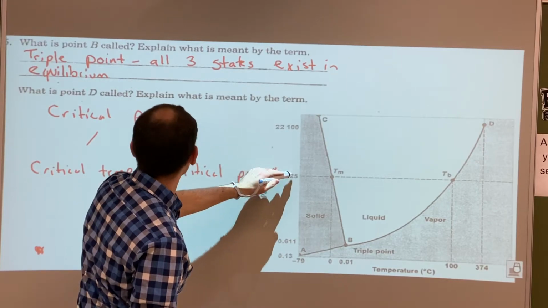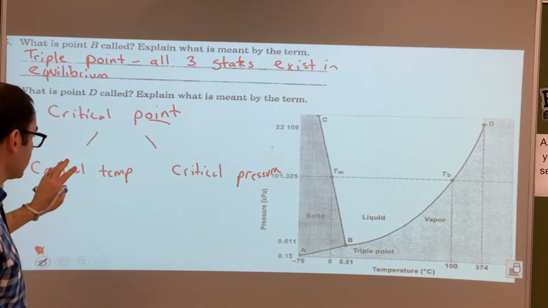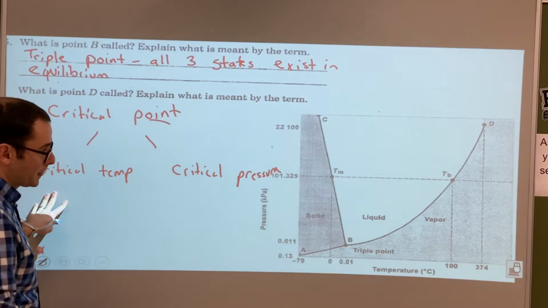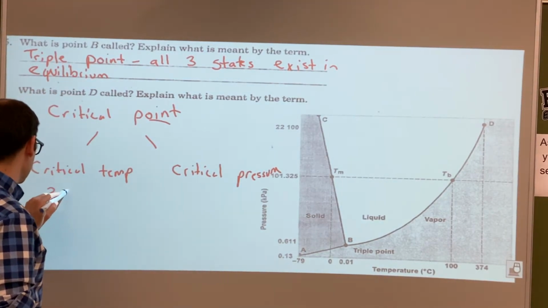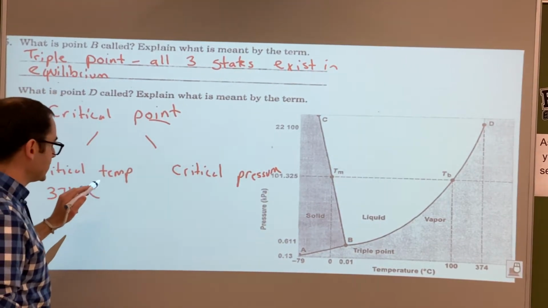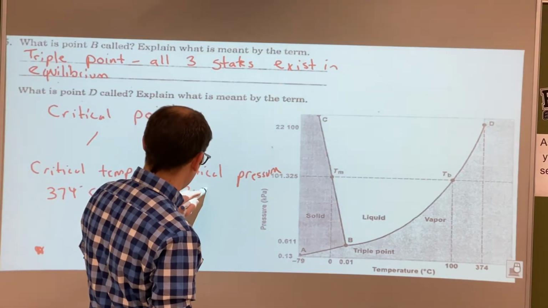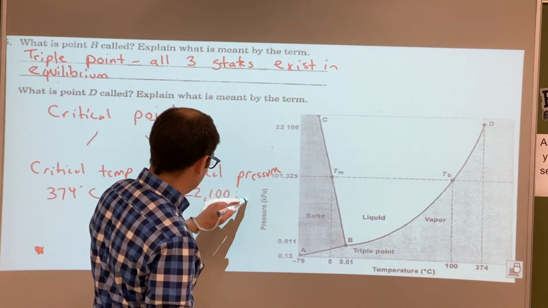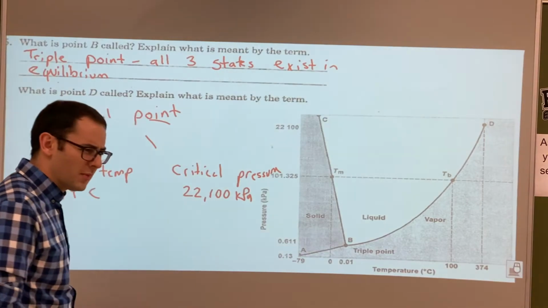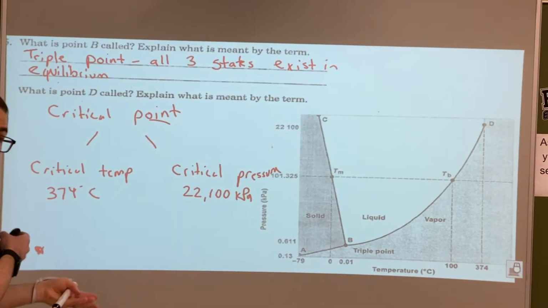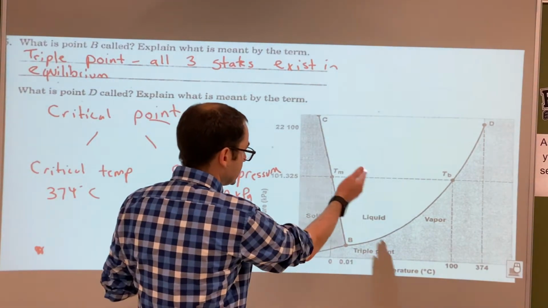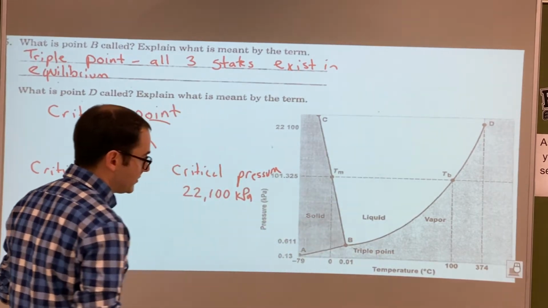All right, it doesn't ask, but let's talk about the numbers. What's the critical temperature for this one? Yeah, 374 degrees Celsius. And the critical pressure? Good. And you're like, oh, I remember these numbers from the other day. Yeah, because we were talking about water, right? It's not going to change. Every time you see water, it's going to have these same numbers there.